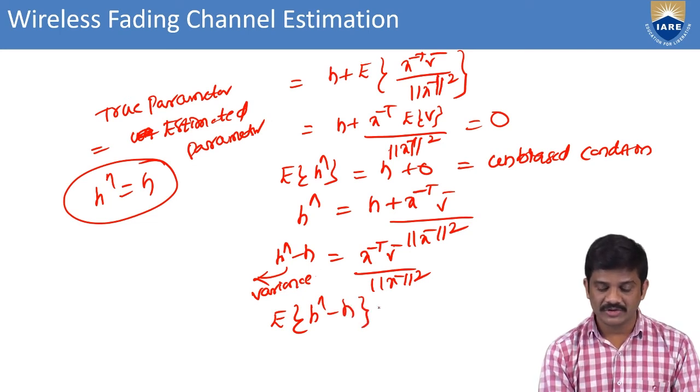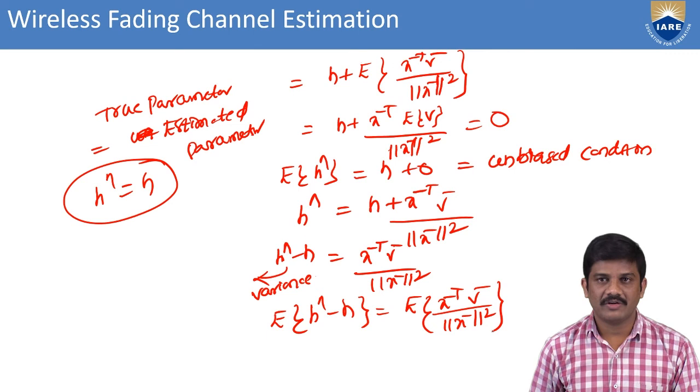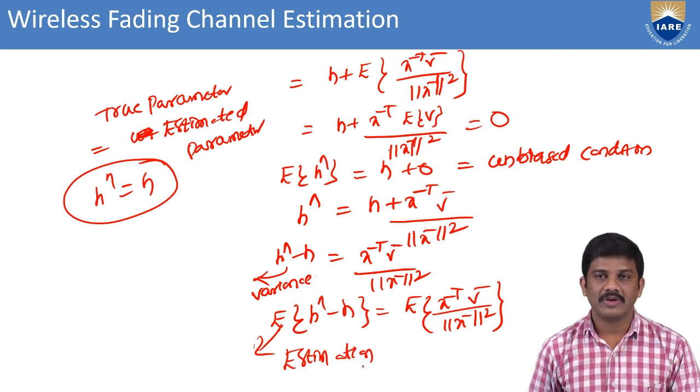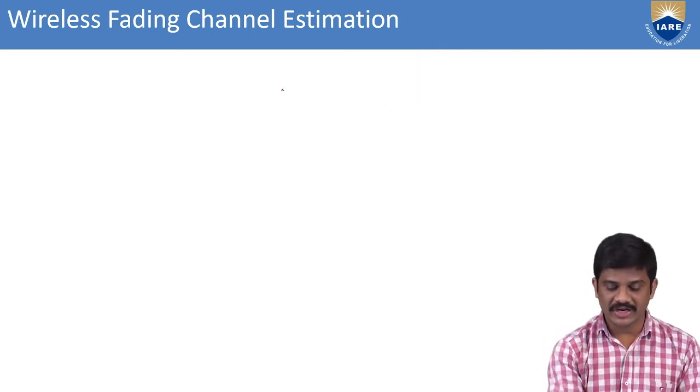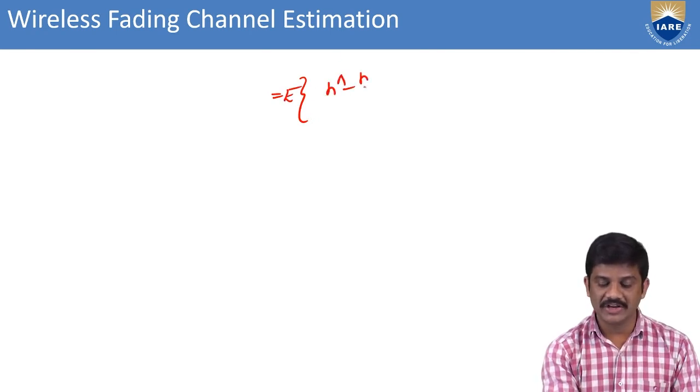Then we can write the estimation of x transpose, x vector transpose and v bar by mod x minus x vector whole square. Okay, this is from the estimation. Here we can also write the estimation of the two factors, h hat minus h whole square.